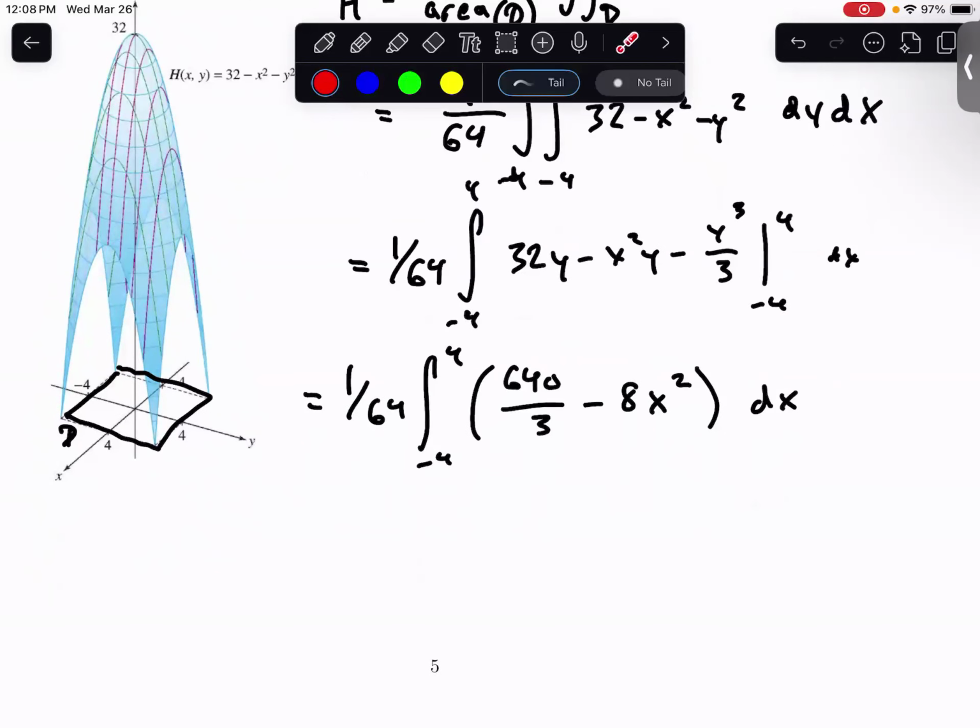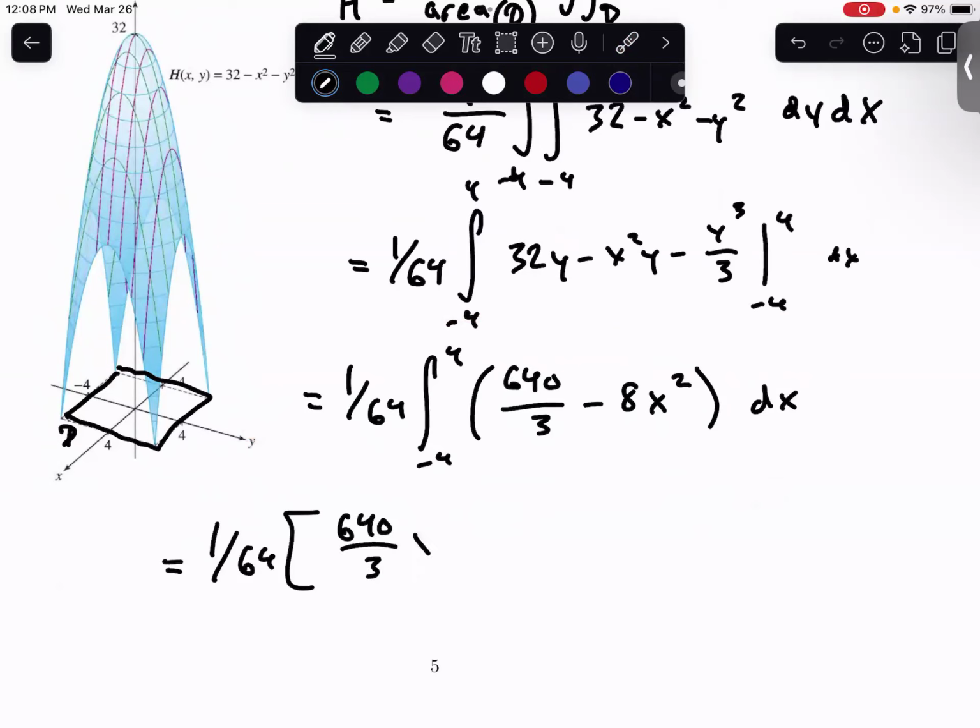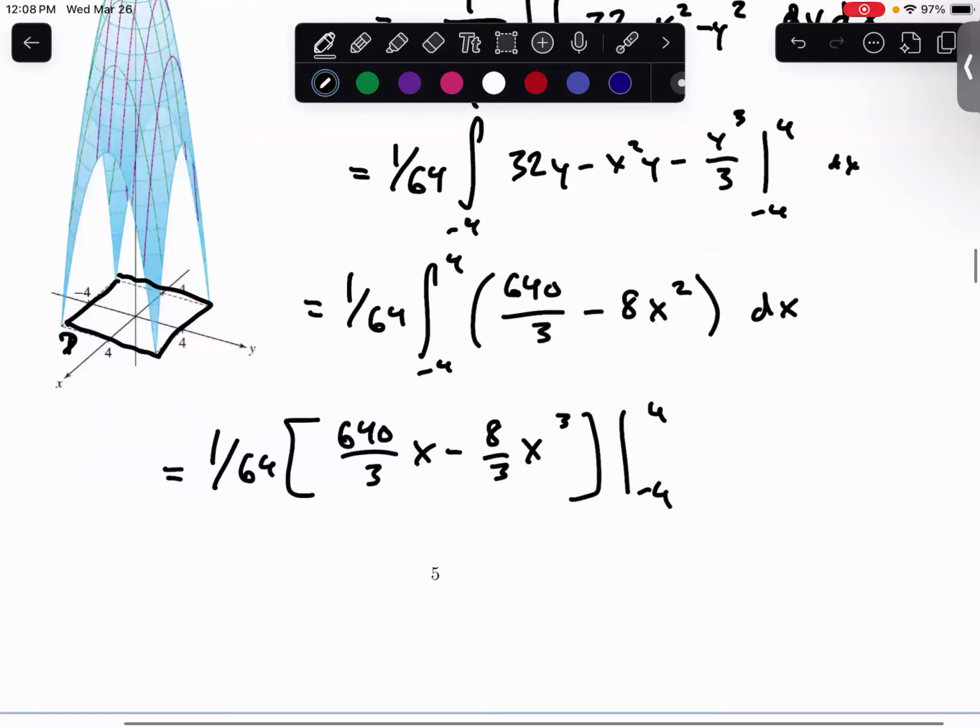And then it's just a matter of integrating this with respect to x. Again, it's a polynomial, so the integral itself isn't going to be that bad. So this is going to be 1 over 64 times 640 over 3 x minus 8 over 3 x cubed, going from -4 to 4. And then, okay, you just plug in the numbers again.